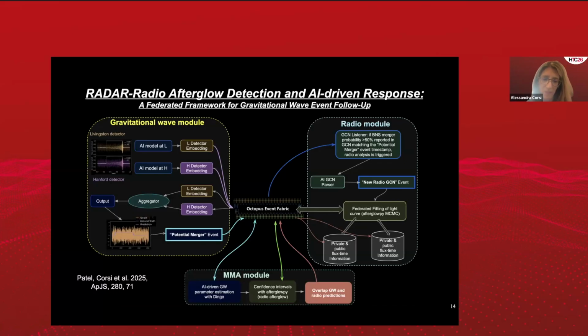As I mentioned, the National Radio Astronomy facilities are PI-driven, and proprietary periods might be different, and the users are different. So there's also more of a sociological aspect of this that is interesting.